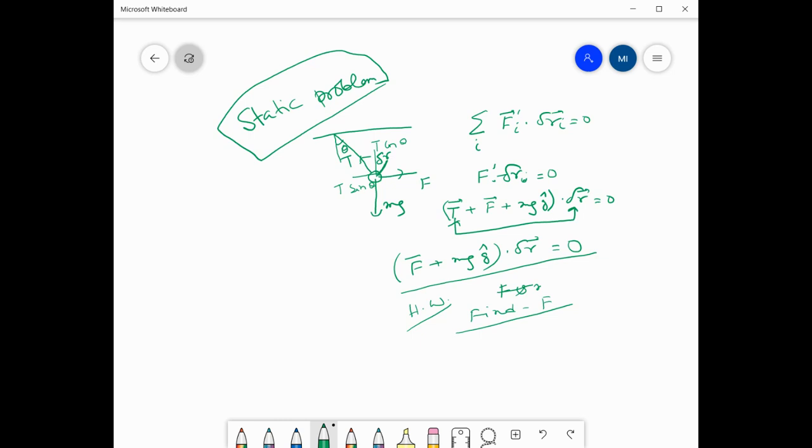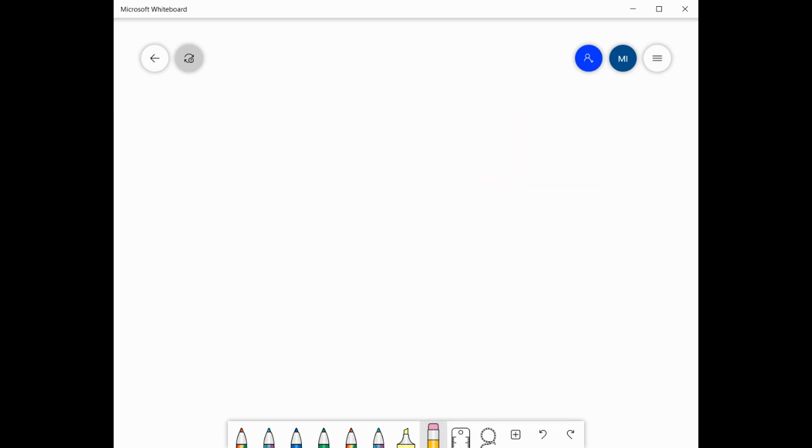Right? So I am now considering D'Alembert's principle. What he did is that for a dynamic problem, he made it static.